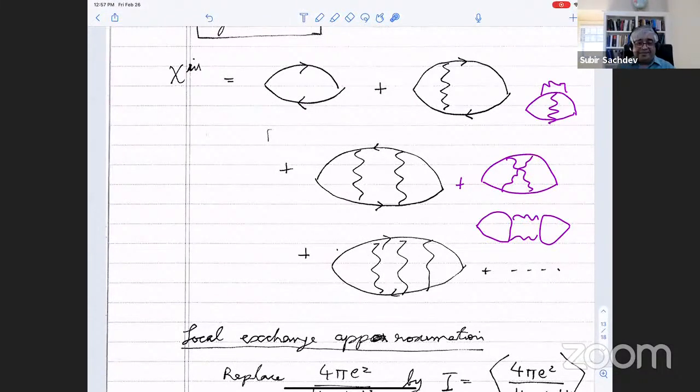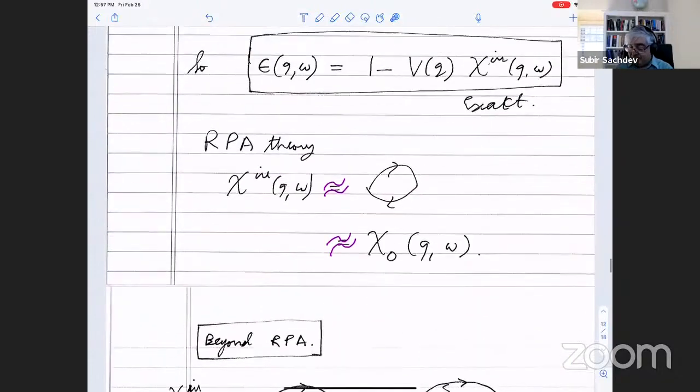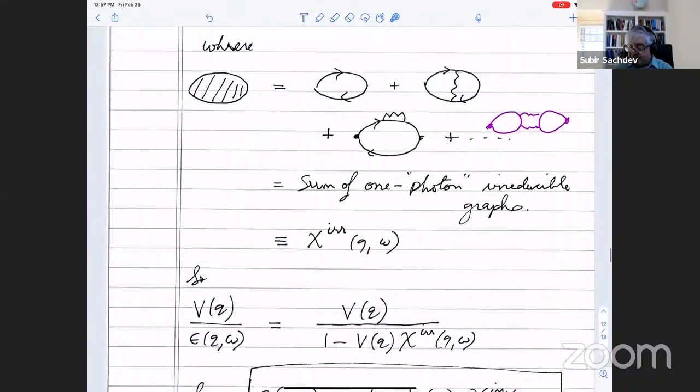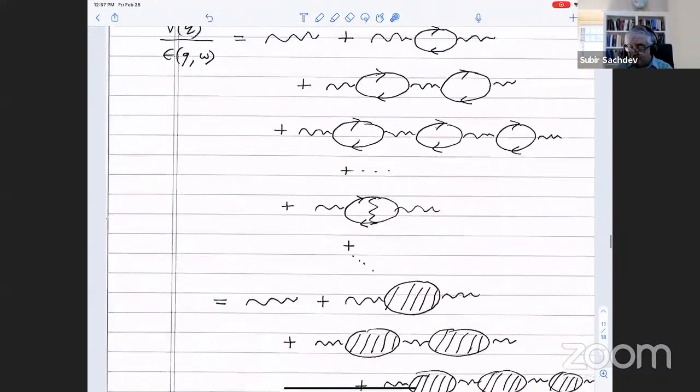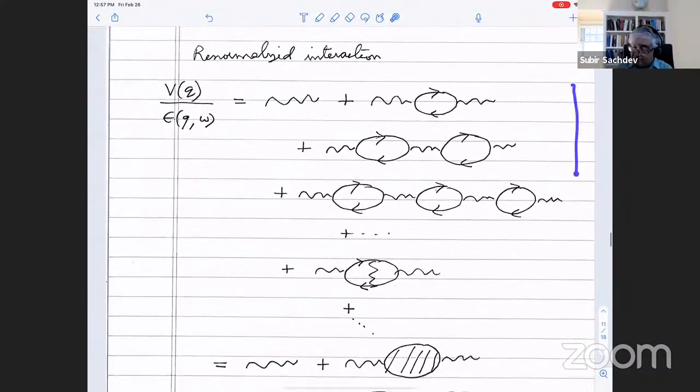Okay, so the basic lesson is that RPA and screening and plasmons all come about from just summing these graphs. This is RPA. So the Debye theory of screening is just summing these graphs. It has repeated interaction.